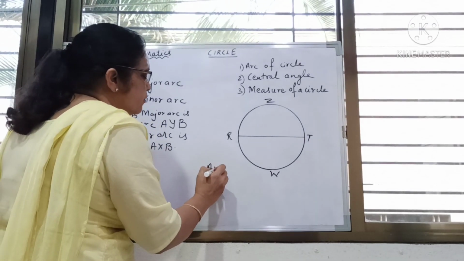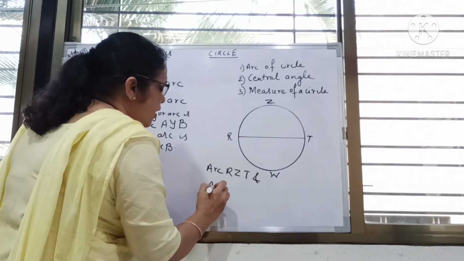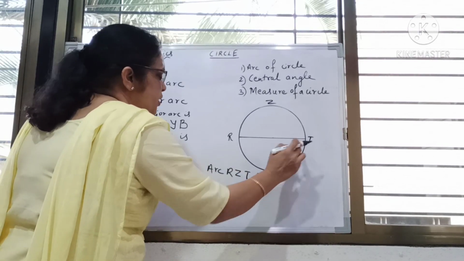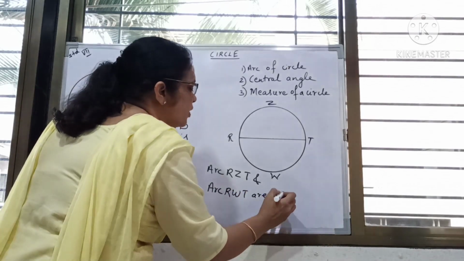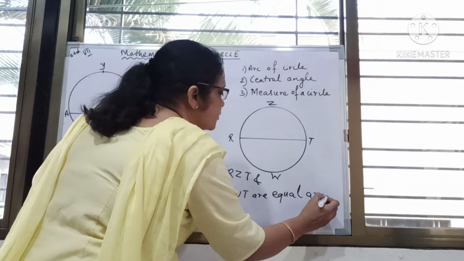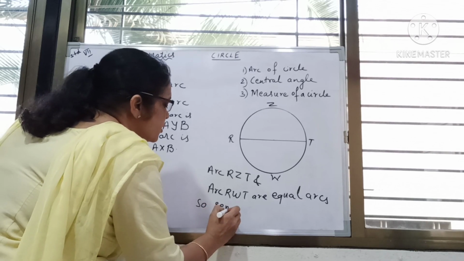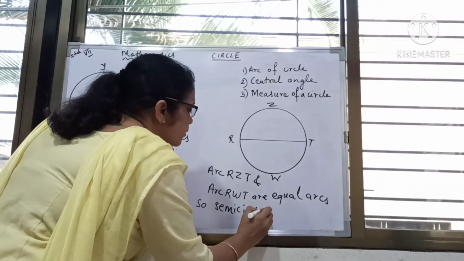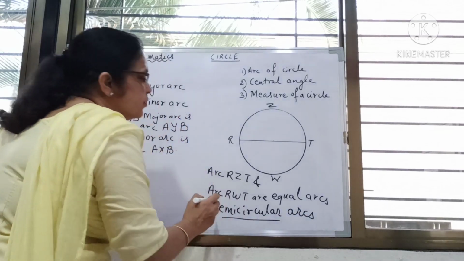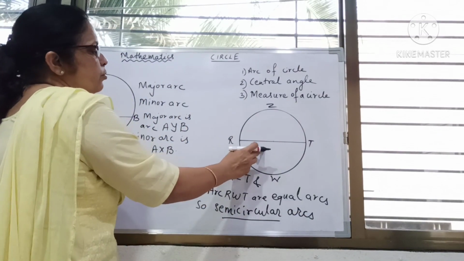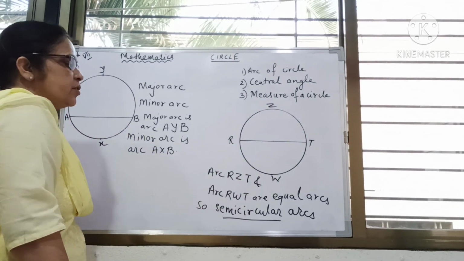So arc RZT and arc RWT are equal arcs. So they are called semicircular arcs. Semicircular means this circle is divided into two equal parts. Therefore, the arcs are semicircular arcs.